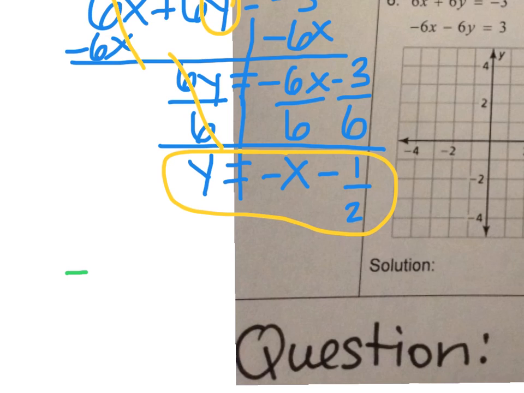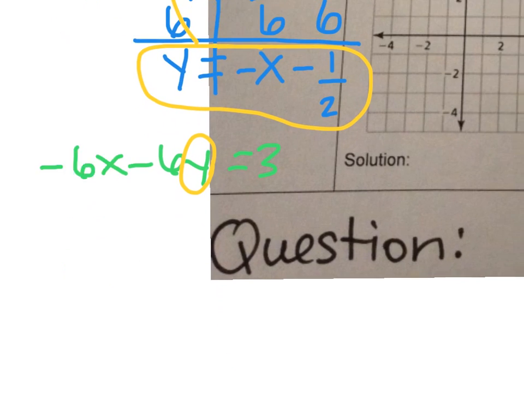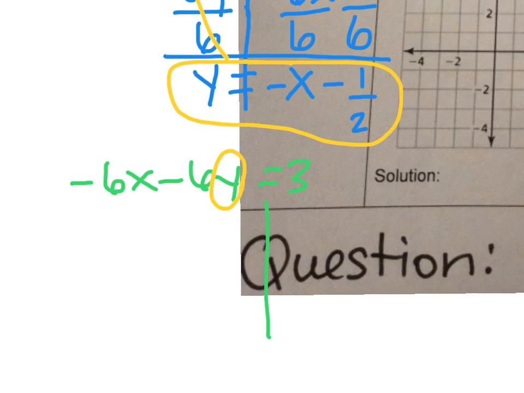the second equation, negative 6x minus 6y equals 3, and we have got to get the y by itself. So draw your line down from the equal sign and start solving. We need to move that negative 6x to the opposite side, so we do the opposite and we add 6x to both sides.